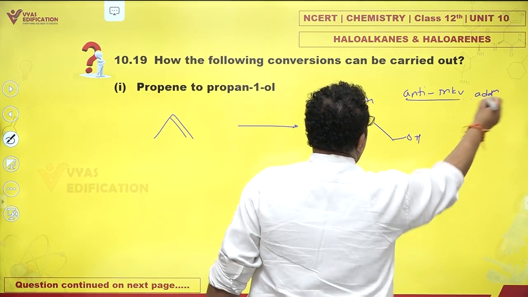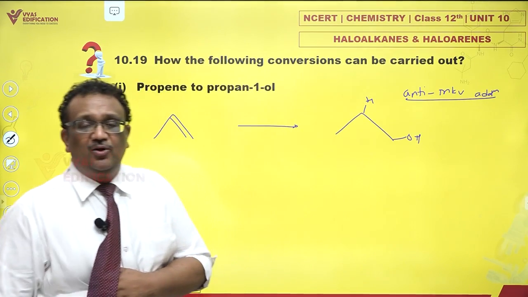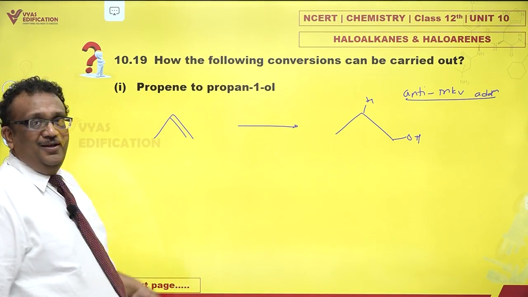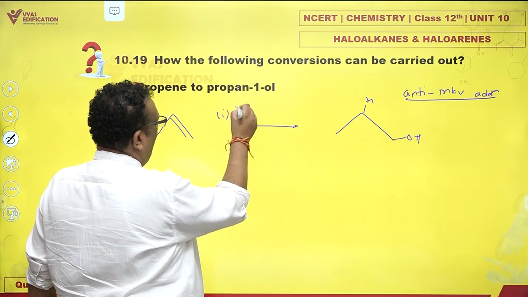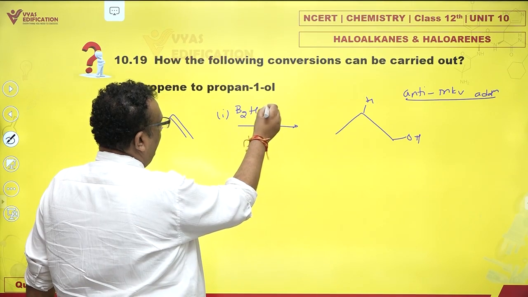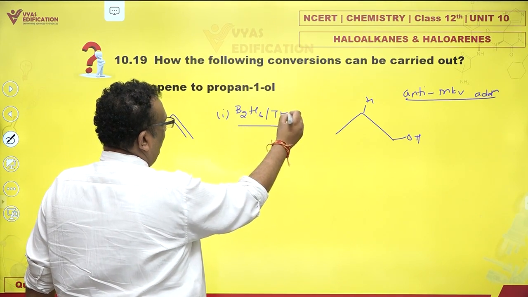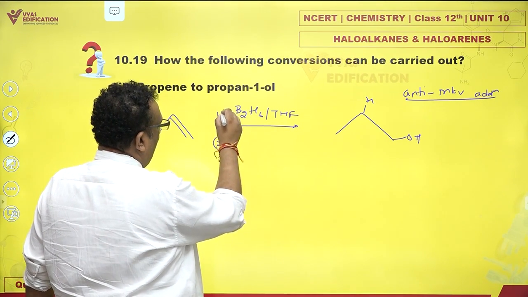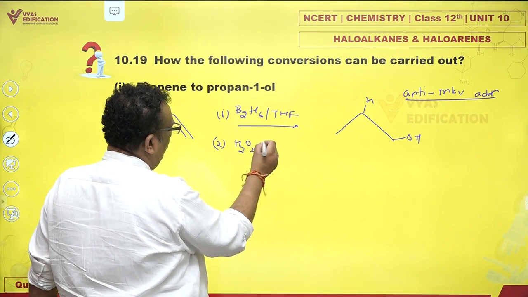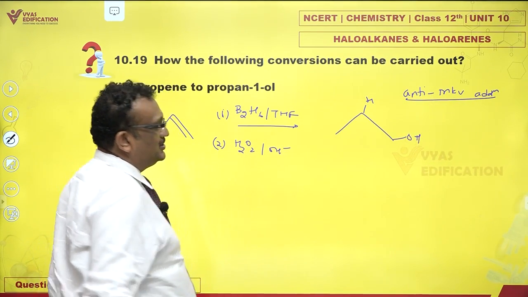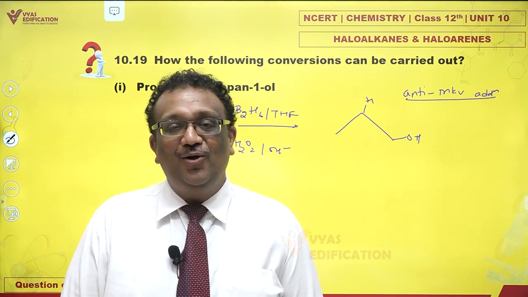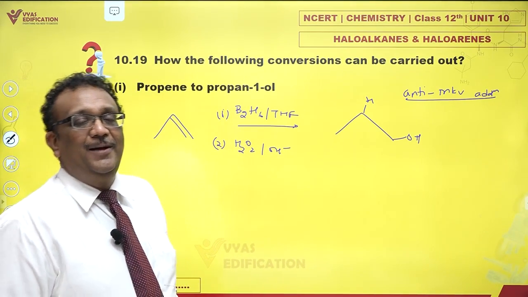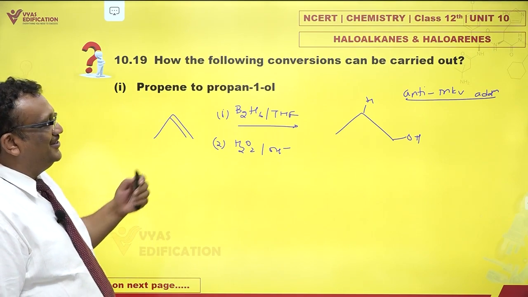What is the method for anti-Markovnikov hydration of alkenes? Hydroboration oxidation. First, you add diborane B2H6 in THF solvent, and then you add H2O2 with OH minus. The moment you do this, you have HOH added in anti-Markovnikov fashion without any rearrangement. This is the solution.